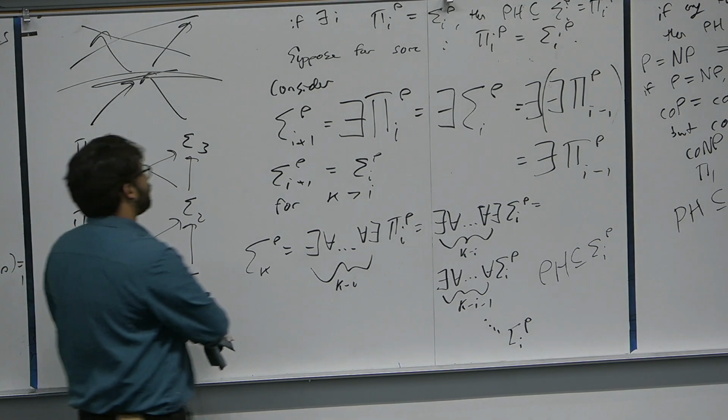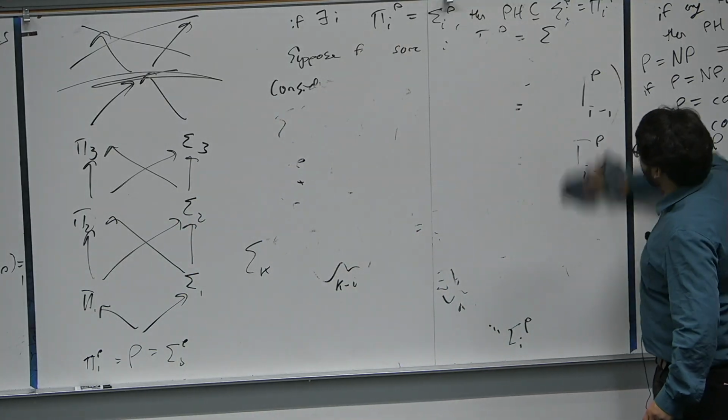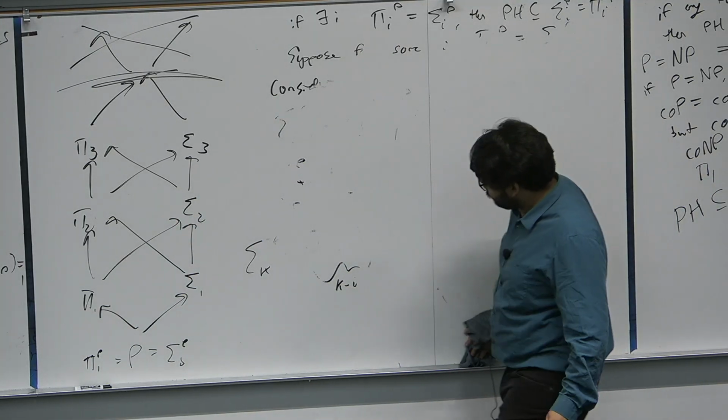So assuming that such a circuit family exists and is of polynomial size, we want to prove that pi 2 is contained in sigma 2.